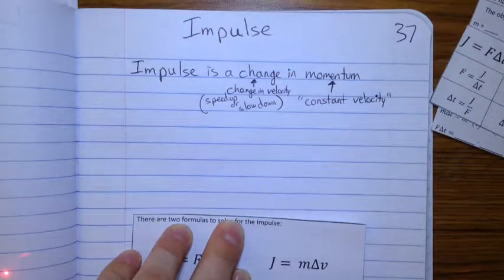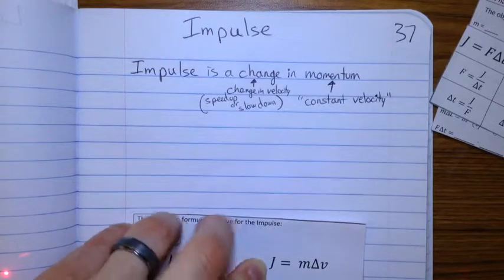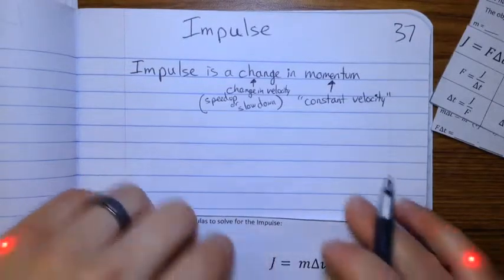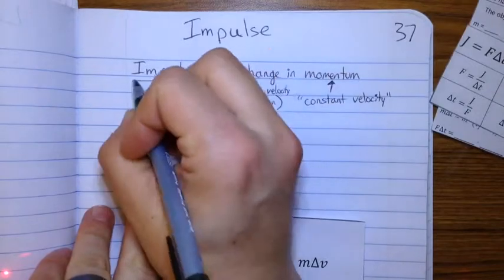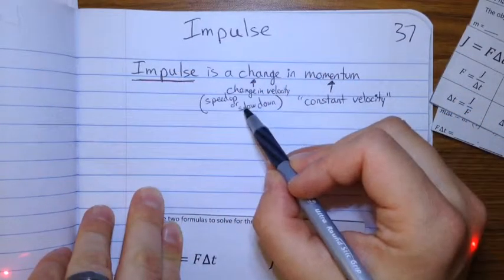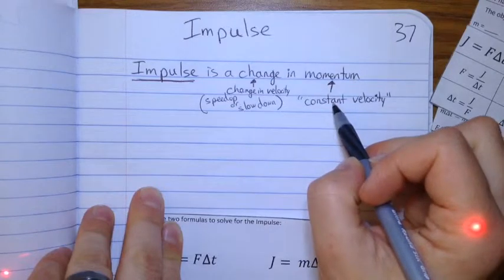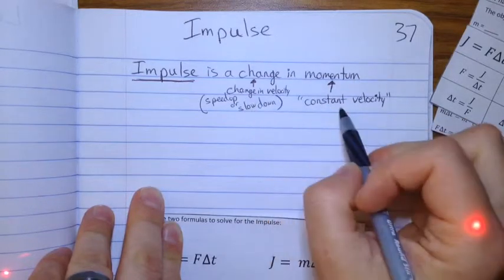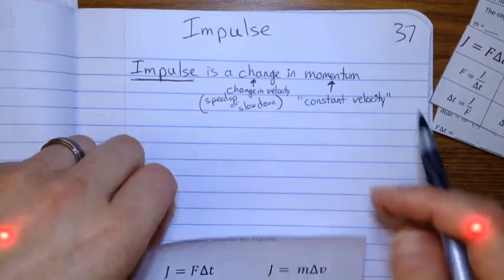The velocity is changing. So that's what impulse is, when we go from one momentum and it changes to have a new momentum. So a constant velocity, that velocity changes, then it has a new constant velocity.